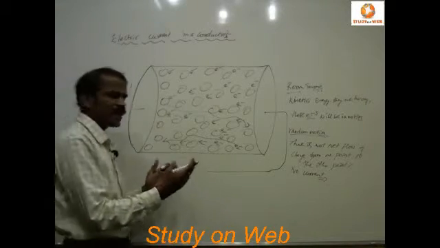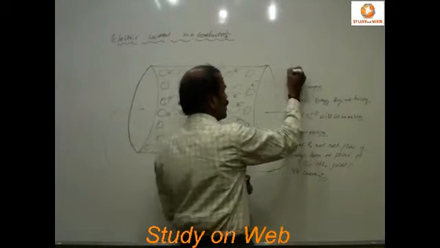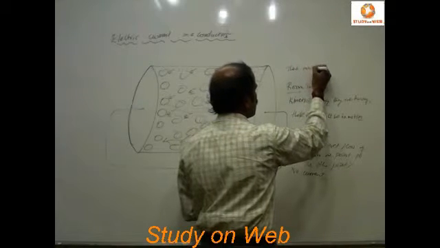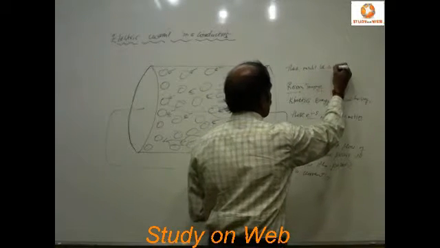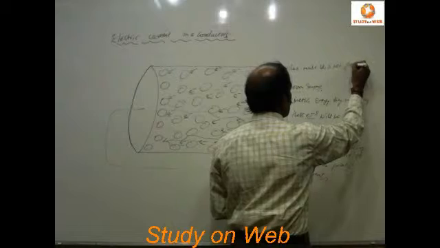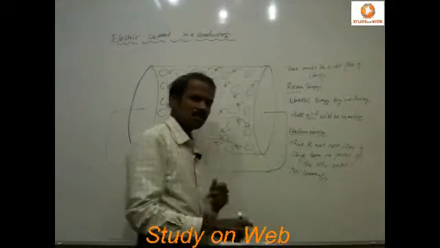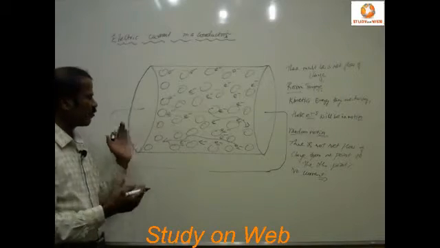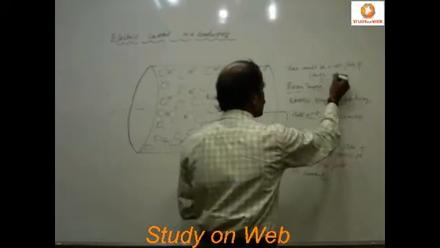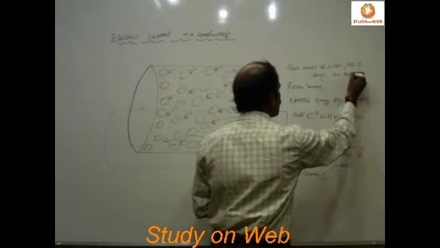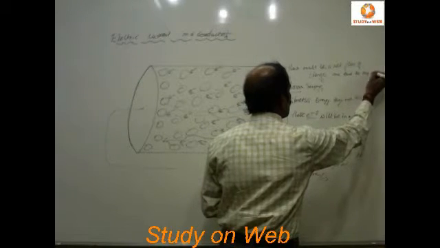Because to have the current through a conductor, there must be a net flow of charge from one end to the other end.